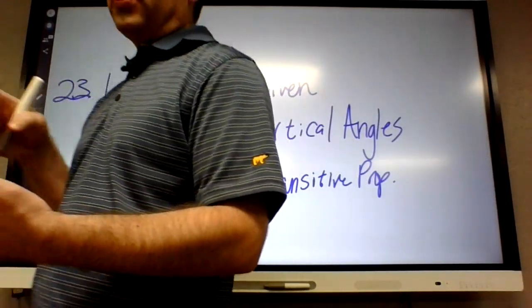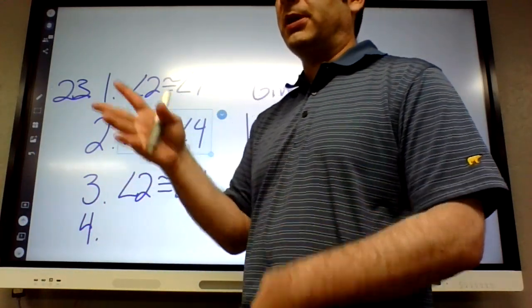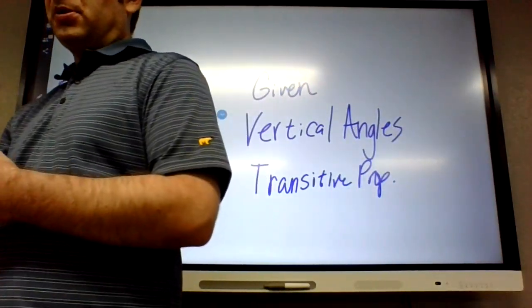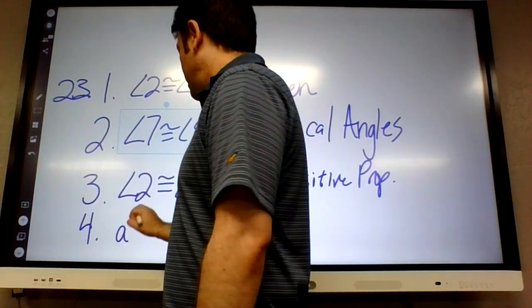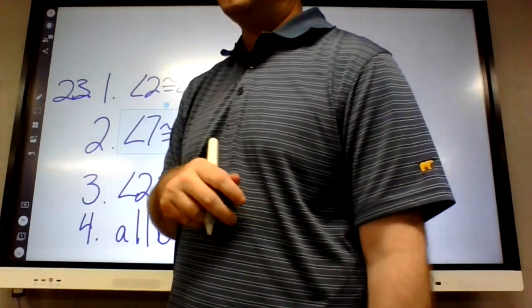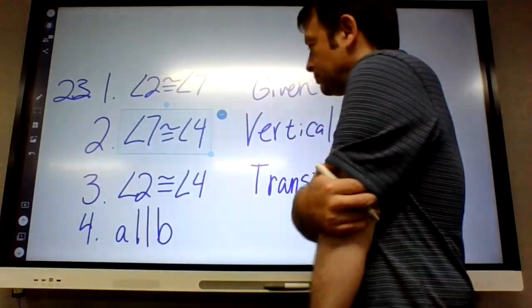Okay, so line 4 is what we're trying to prove, which I said earlier. They kind of left it blank up there, but we're trying to prove the lines are parallel. Why does angle 2 being congruent to angle 4 make the lines parallel? What are angle 2 and 4 in the picture? Corresponding.